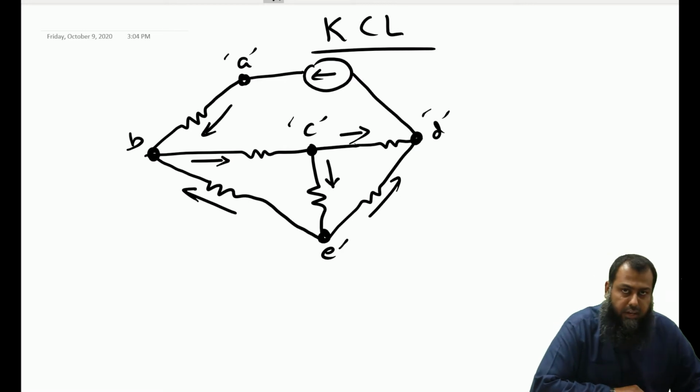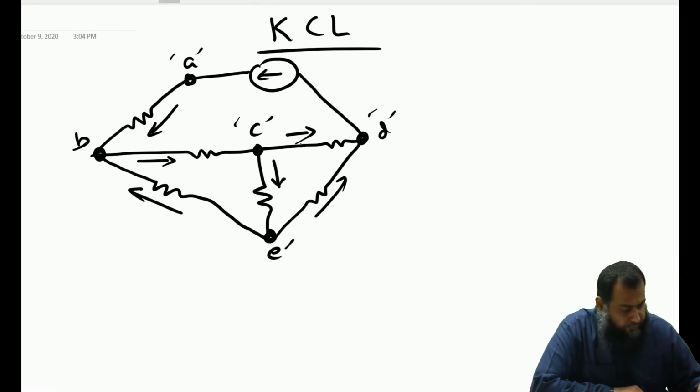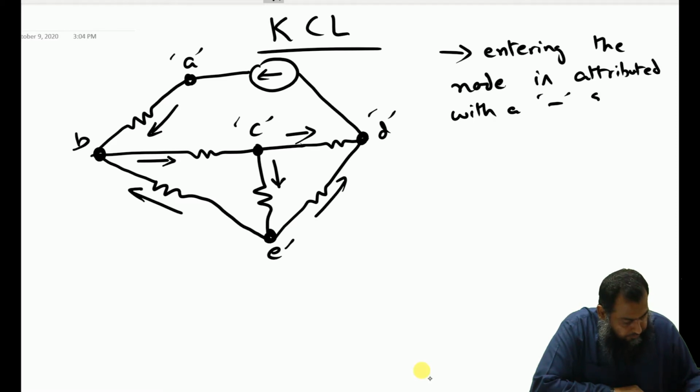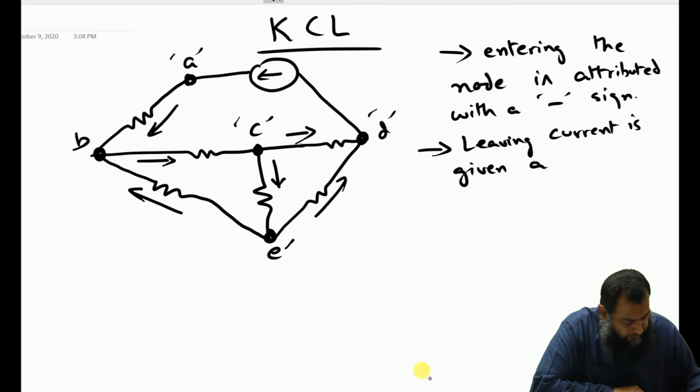Now let us understand the convention of writing the equations for Kirchhoff's current law. The convention that is widely used in the textbooks says that any current entering the node is attributed a negative sign, while all the currents that leave the node, the leaving current, is given a positive sign.